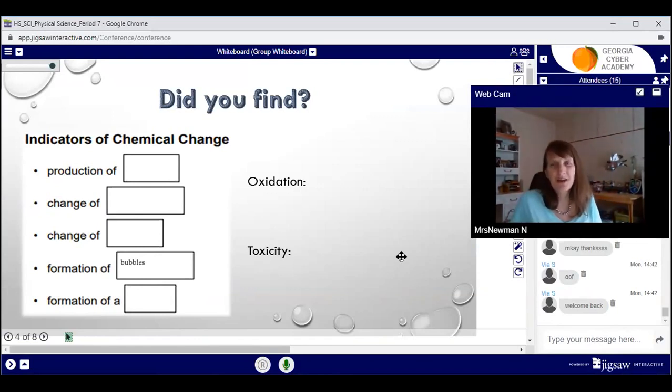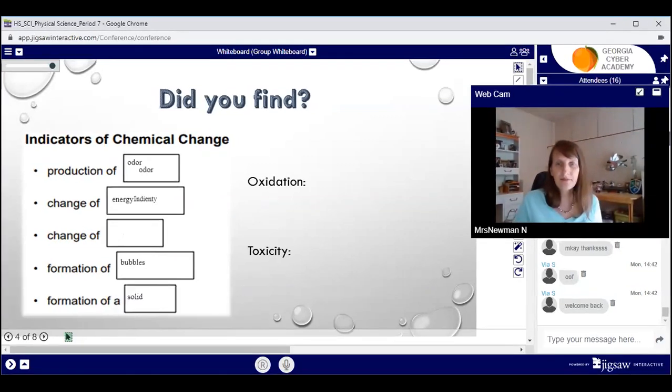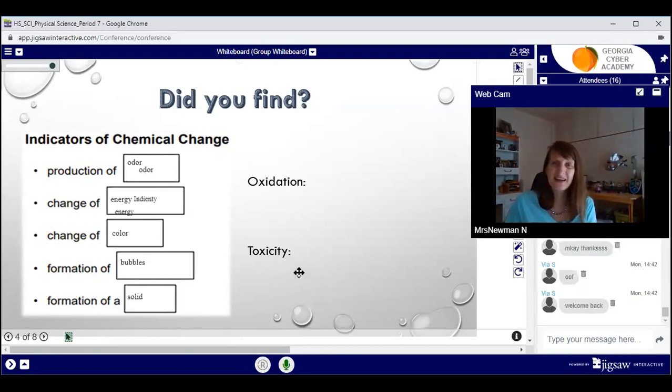We have the formation of bubbles, production of an odor, change in energy, change in identity, formation of a solid. Excellent. What about oxidation and toxicity?